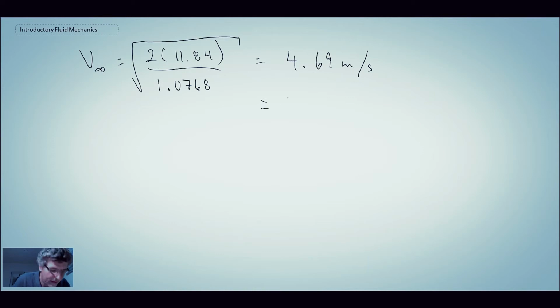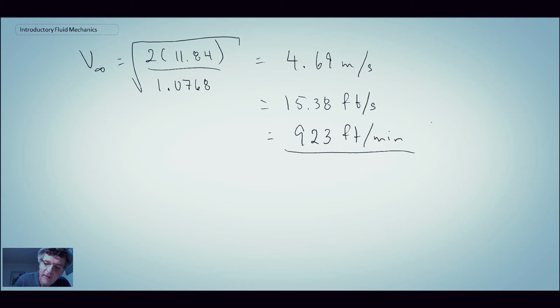Now I'm going to convert that to British units because that's what we had on the inclined manometer, just as a bit of a sanity check to see how close we are. We have feet per second, but that was in feet per minute, so I have to convert that to feet per minute. And what we get is 923 feet per minute.